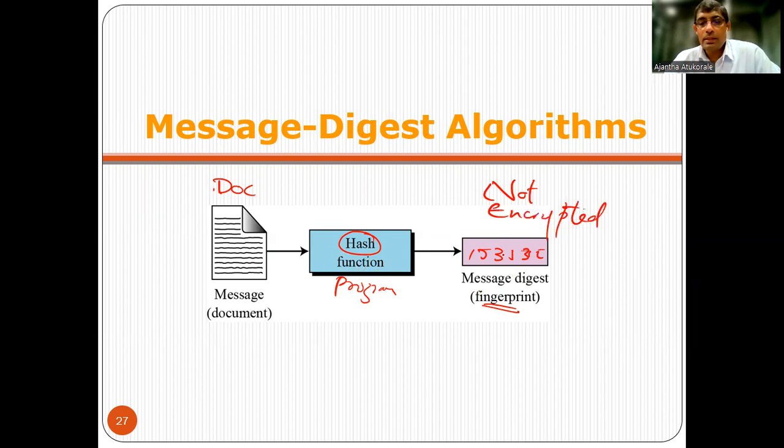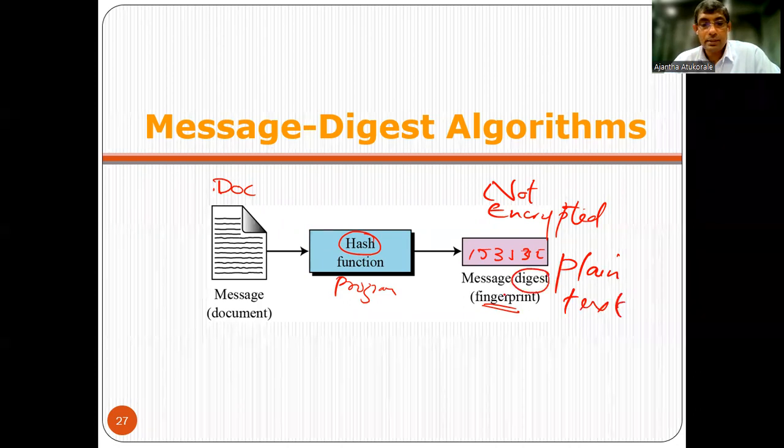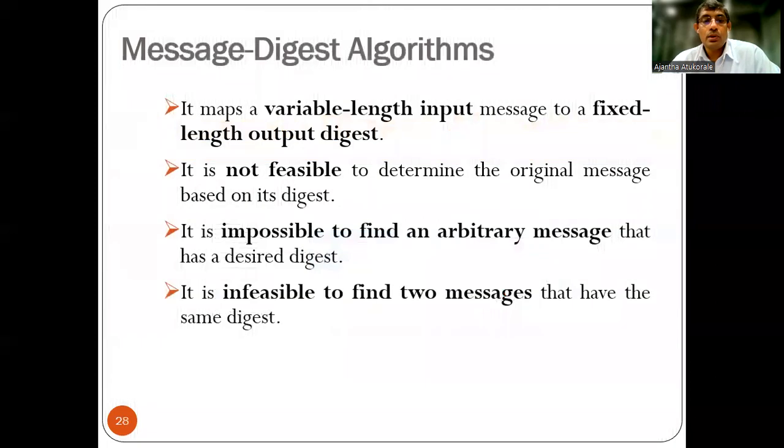A lot of people think this is an encrypted thing. No, this is just plain text. This digest is plain text. The message digest algorithm basically maps any variable length message into a fixed length output.